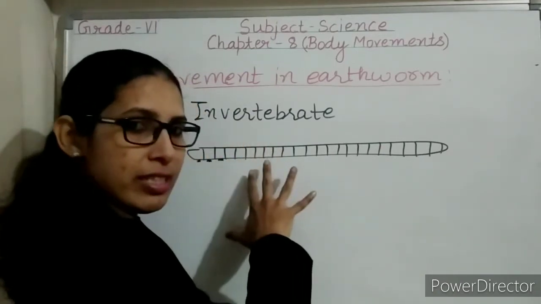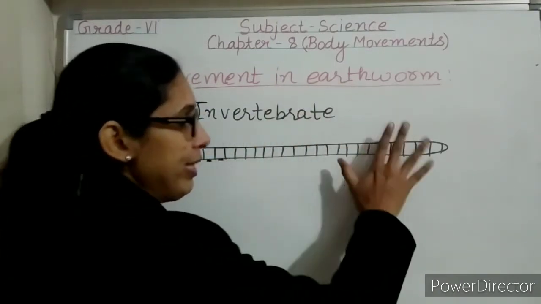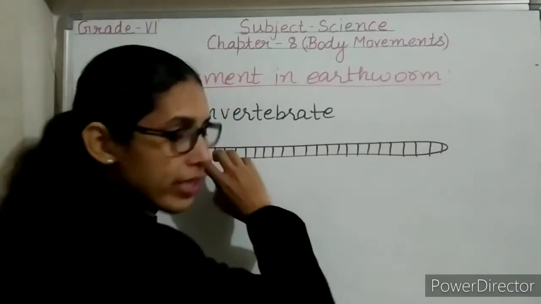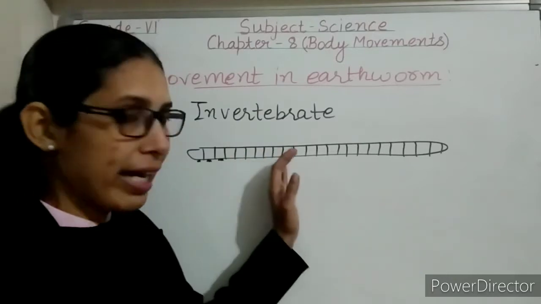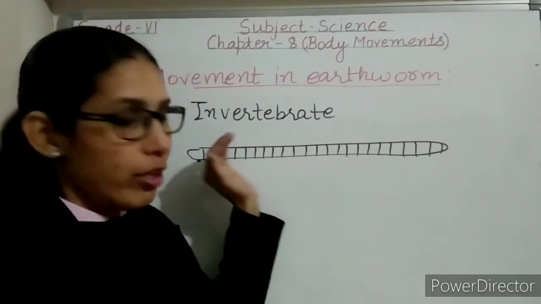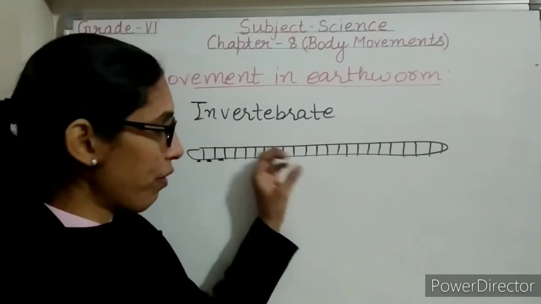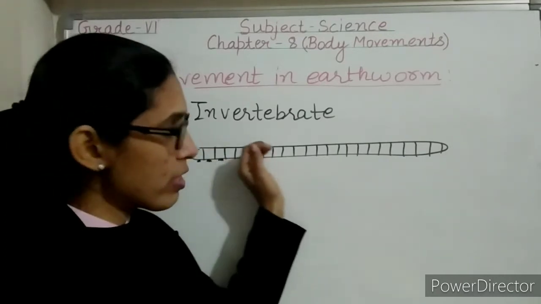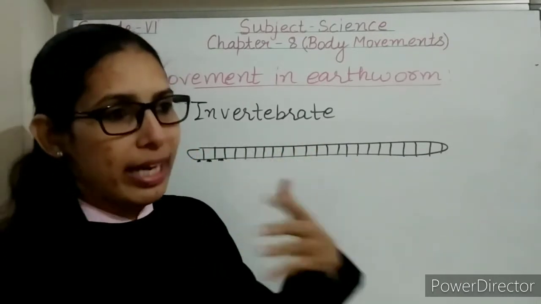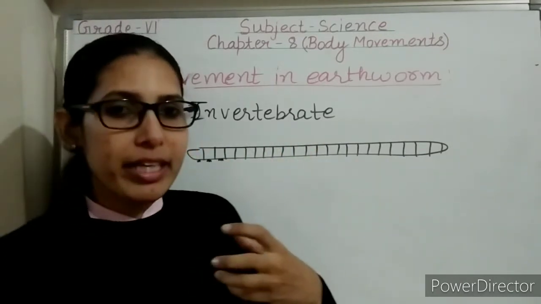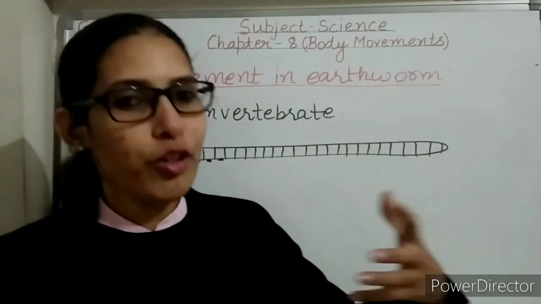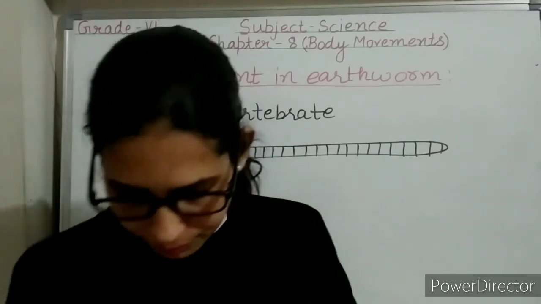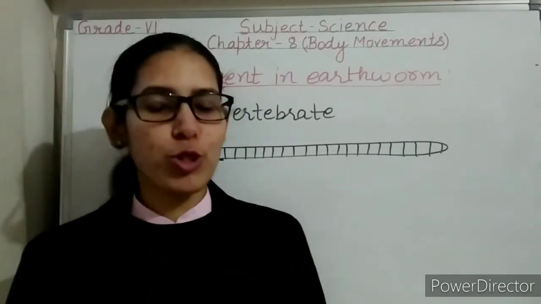Then it fixes the front part and releases the back end. Then it shortens the rear end, and then it pulls its body forward. So like this, because of the repeated expansion and contraction of the muscles, the earthworm moves forward.